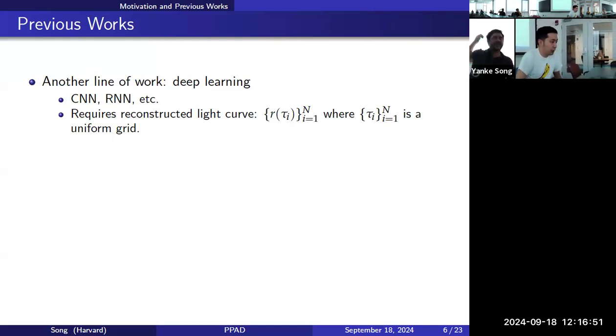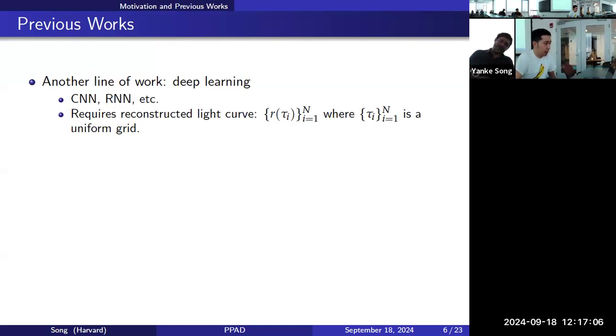So another line of work learns these features via deep learning, without any specific model assumptions. Different deep learning models have been used, for example, CNN and RNN. But I should emphasize here that for all these deep learning models, the input is the reconstructed light curve instead of the raw event files.